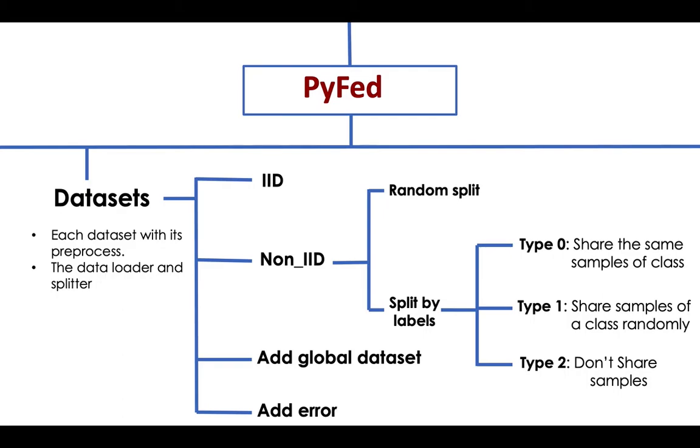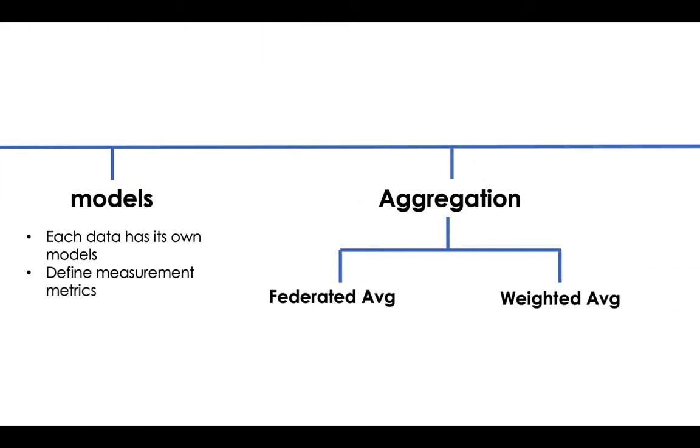We have three different ways to do this: sharing samples between the classes, sharing samples randomly of a specific class, or, if you don't want to share the class between workers, you can do that. Also, you can share a specific global dataset between all the workers, and you can add error to a specific worker.